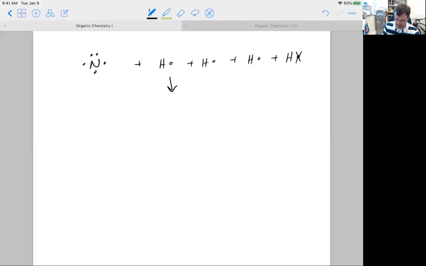What that gives us is nitrogen with 3 H dots. And if we connect those 3 H dots to the corresponding spots that have 1 electron on the nitrogen atom, we would get a Lewis dot structure like this.